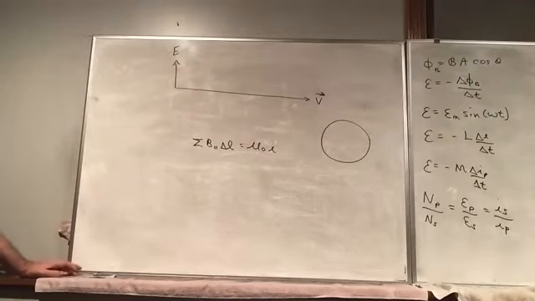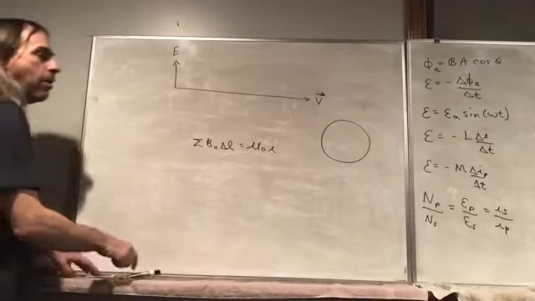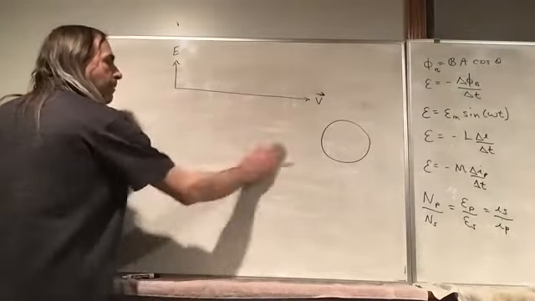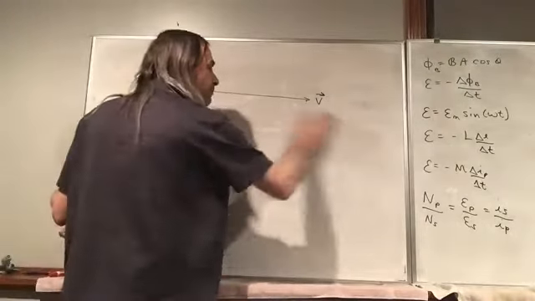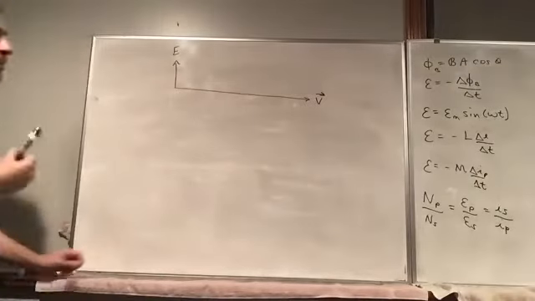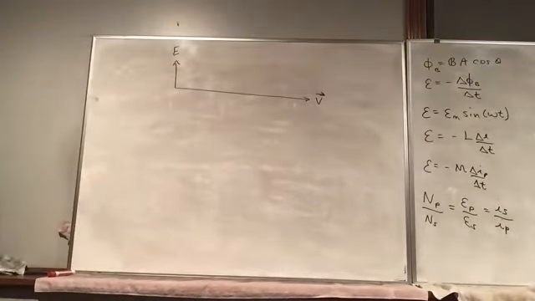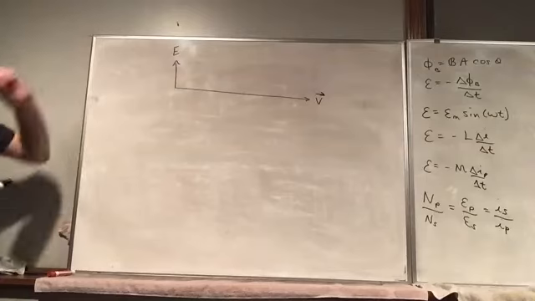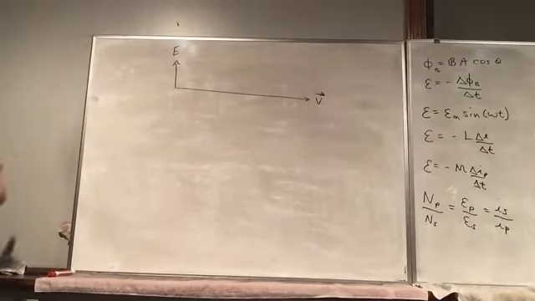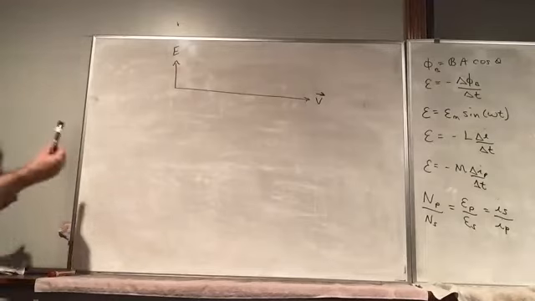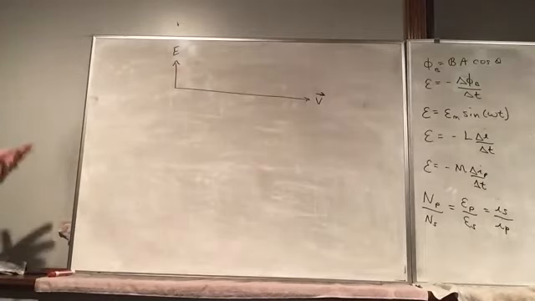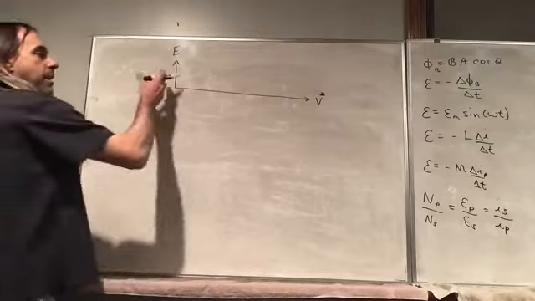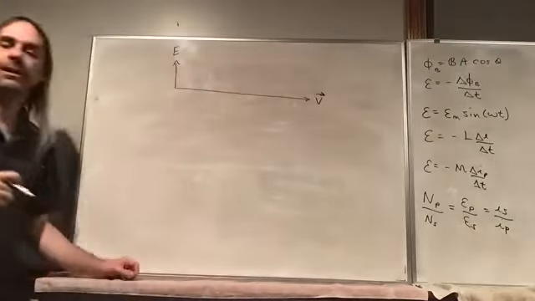And what Maxwell discovered is that changing electric fields can create magnetic fields as well. Maxwell discovered this concept of an electromagnetic wave, where a changing electric field creates a changing magnetic field, and that changing magnetic field creates a changing electric field. They can feed off of each other and create a traveling electromagnetic wave.